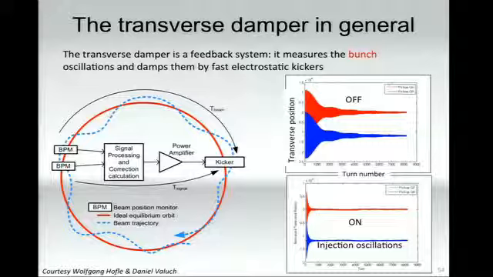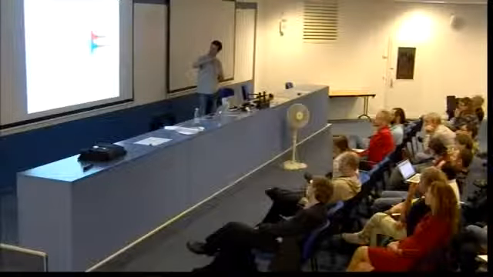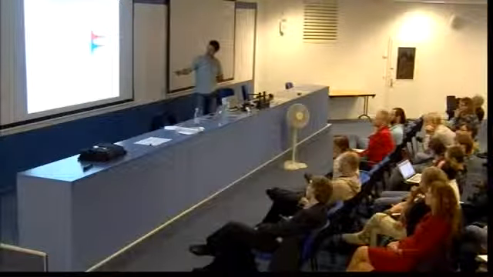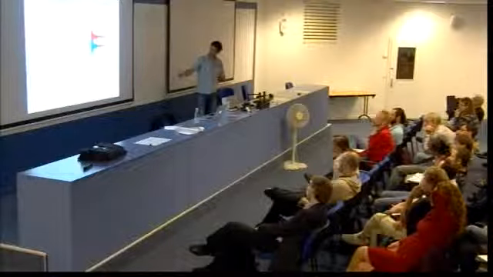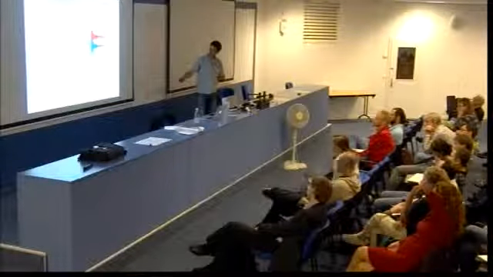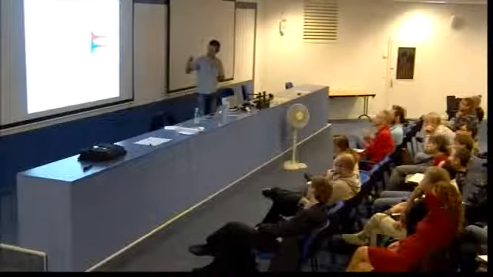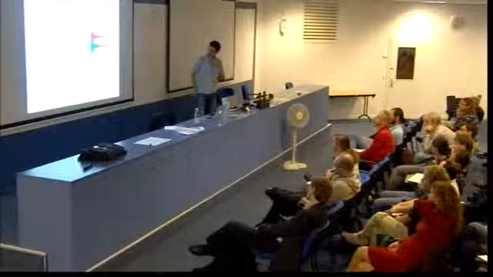So we use this all the way through the cycle. So this is an injection. The beam comes in with a kick, not perfectly injected on orbit. It will then oscillate around the orbit and end up blowing up, getting bigger. And this is off and this is on, and you can see the transverse feedback locking onto the bunches and damping this motion down in a few turns.